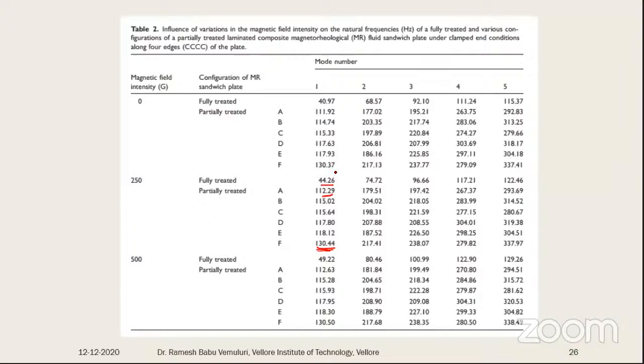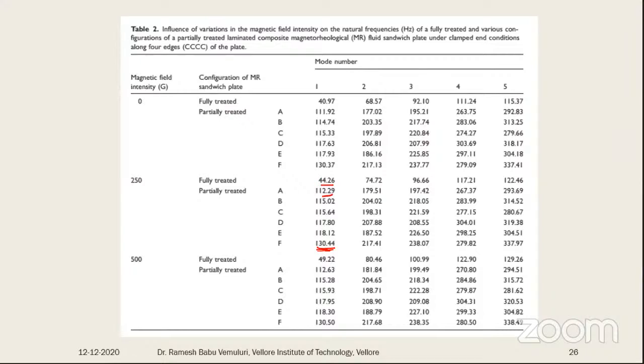So in this way we can observe how, by reducing the weight of the smart material, we can enhance its properties. That's the major observation here.